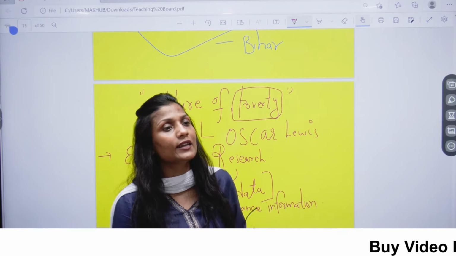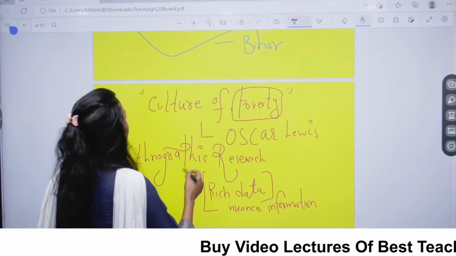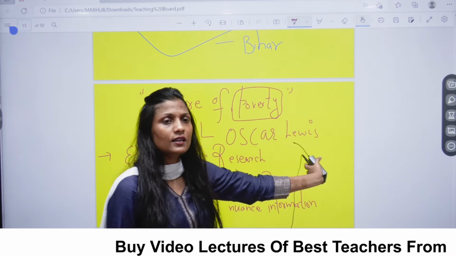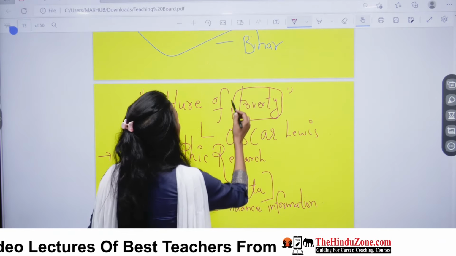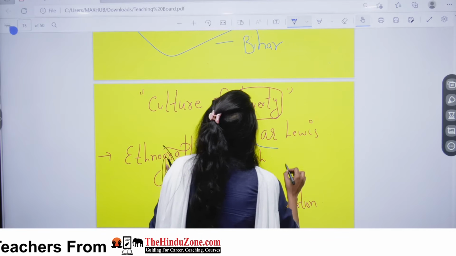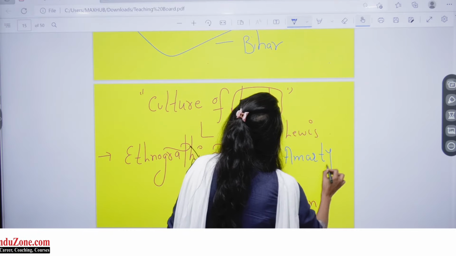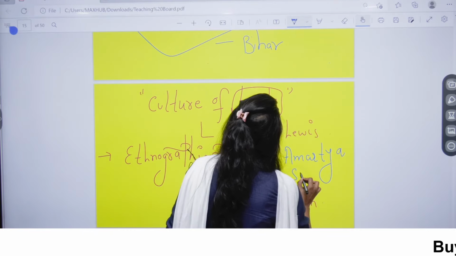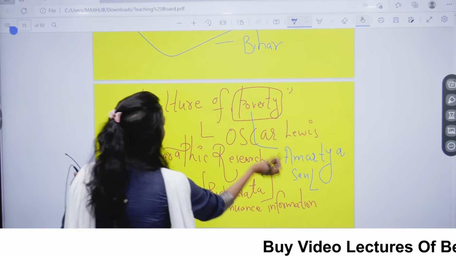And here you will relate it with Amartya Sen's capability approach. So when we are talking about poverty, we are talking about Oscar Lewis, and now I have brought Amartya Sen. Amartya Sen's work is known as the capability approach. Shall I write it here?